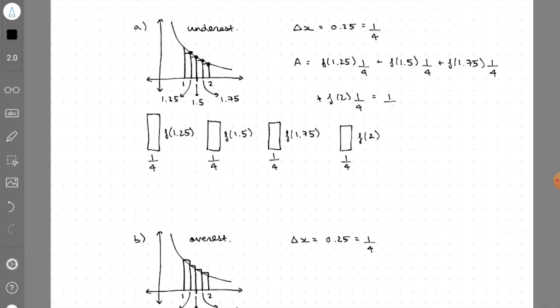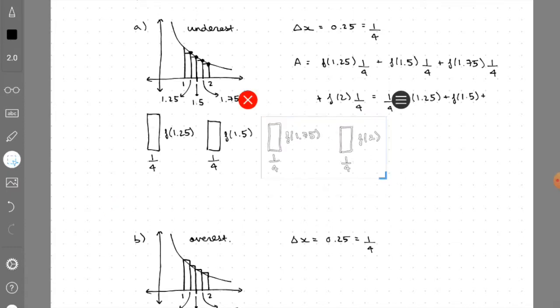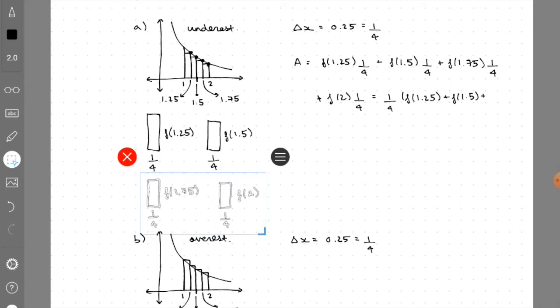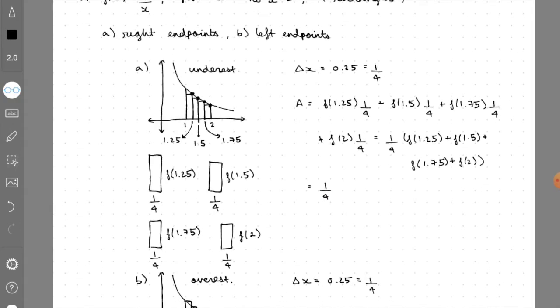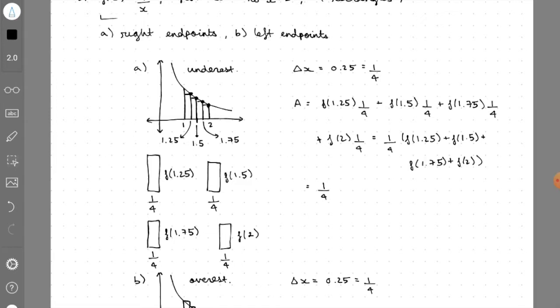We can take the 1/4 out and rewrite it this way, which is usually what people do: 1/4 times f of 1.25 plus f of 1.5 plus f of 1.75 plus f of 2. Okay. And let's actually calculate this. It's going to be 1/4, and then we plug in 1.25 to our original function, which is 1 over x.